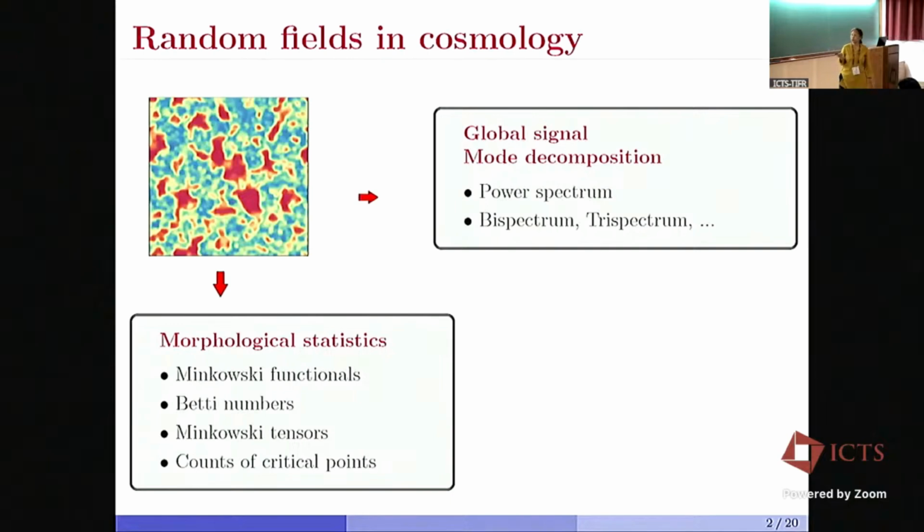The threshold that we choose acts as a way to separate out the information. I'm sure most people are familiar with many of the words here: Minkowski functionals, Betti numbers, tensorial Minkowski functionals, counts of critical points. There may be more. I will focus on these three.